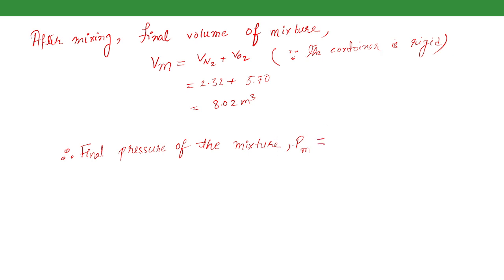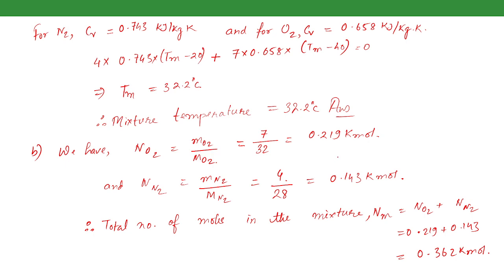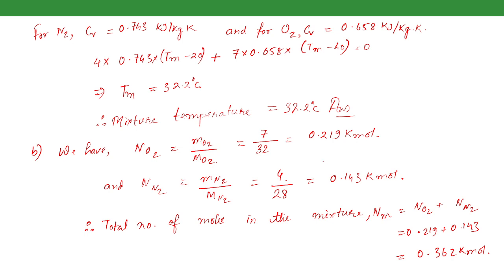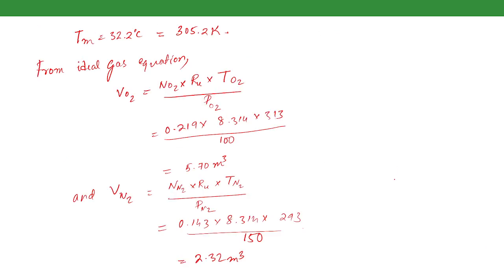The final pressure of the mixture is equal to the number of moles in the mixture multiplied by the universal gas constant multiplied by the temperature of the mixture, divided by the volume of the mixture. The number of moles of the mixture we have determined to be 0.362.